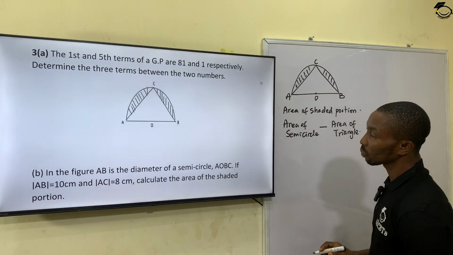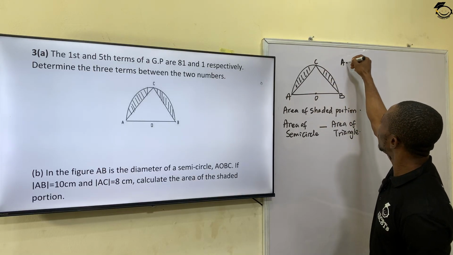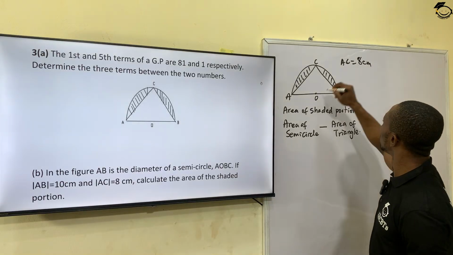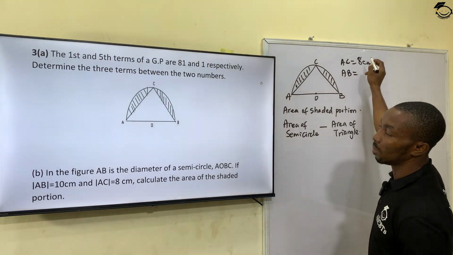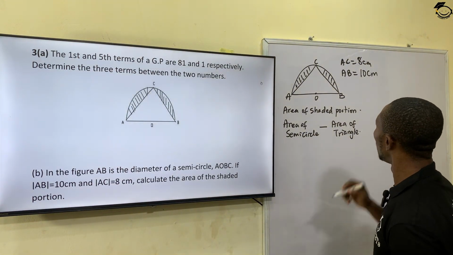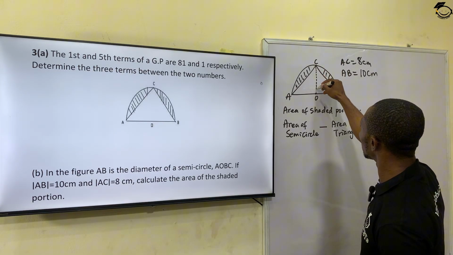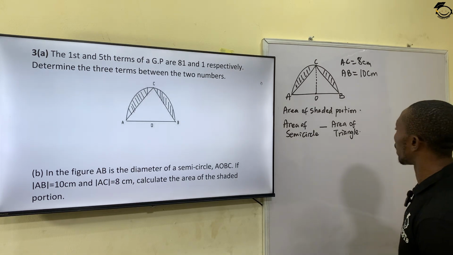Now, we are told that line AC is 8 centimeters, and line AB, which is our diameter, is 10 centimeters. So if we project this downwards to the center, we have a right angle triangle.